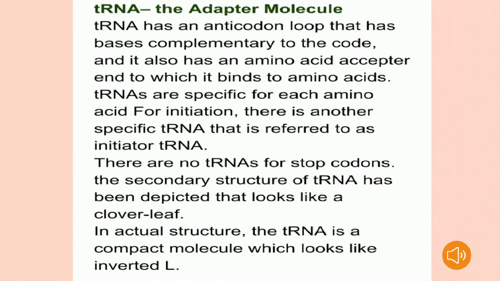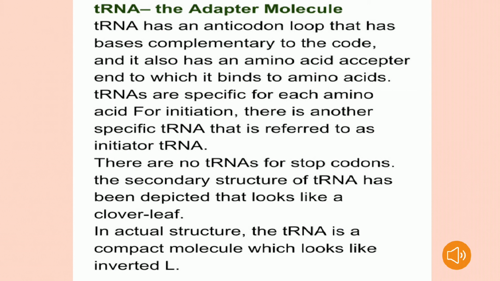Transfer RNA, the adapter molecule. Transfer RNA has an anticodon loop that has bases complementary to the codons, and it also has an amino acid acceptor end to which it binds amino acids. The transfer RNAs are specific for each amino acid. For initiation of protein synthesis, there is another specific transfer RNA referred to as the initiator transfer RNA.